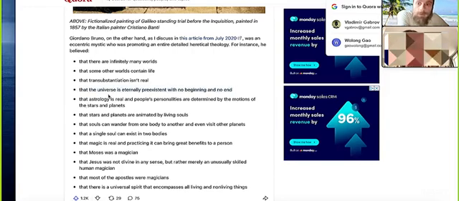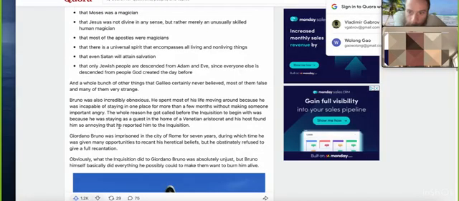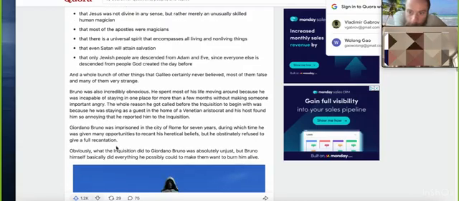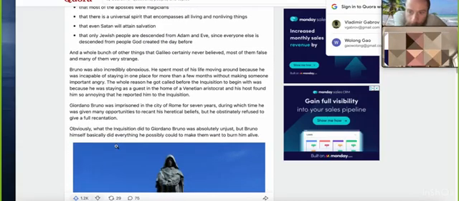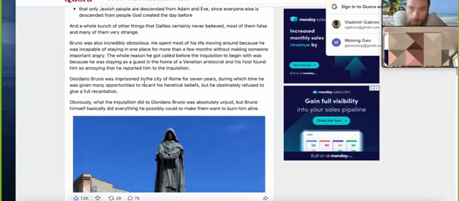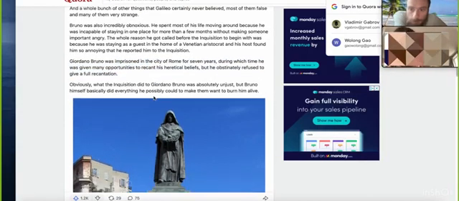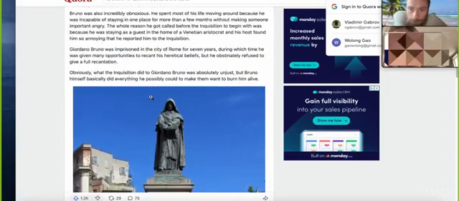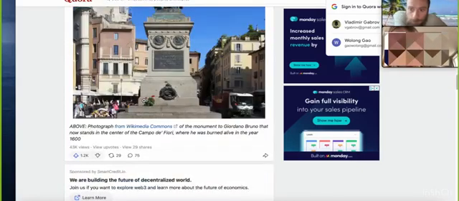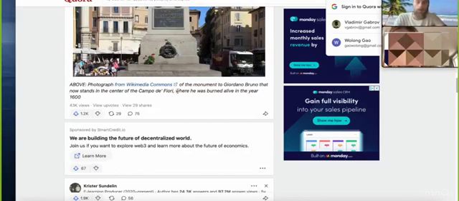Many worlds, infinite universe. So he was imprisoned for 7 years, but he did not recant. And so they executed him.